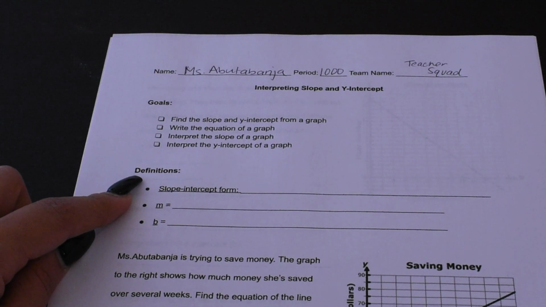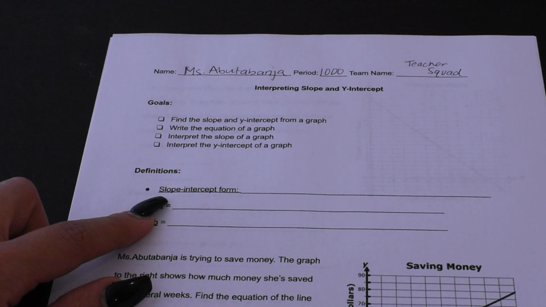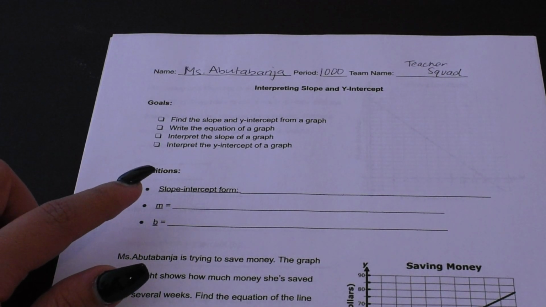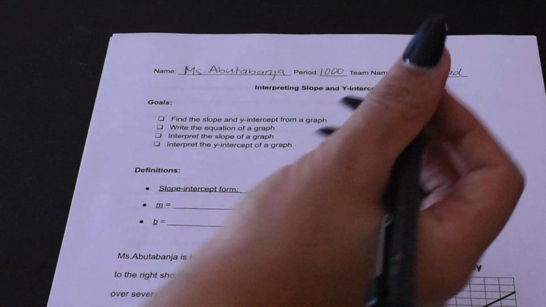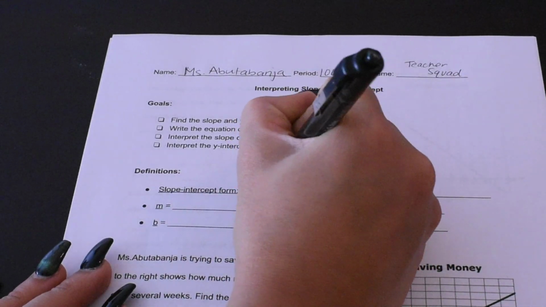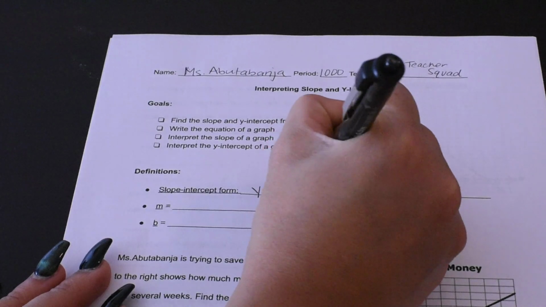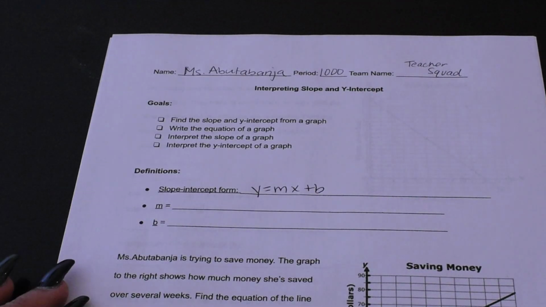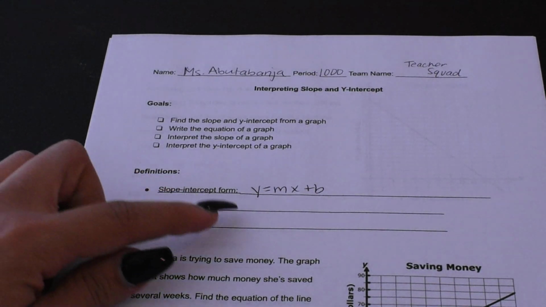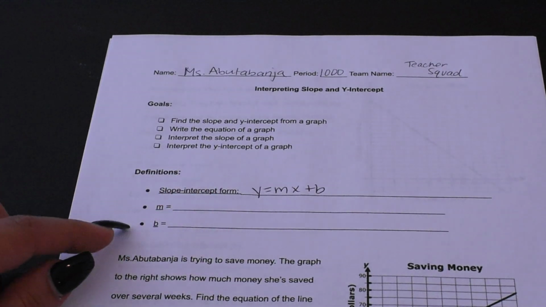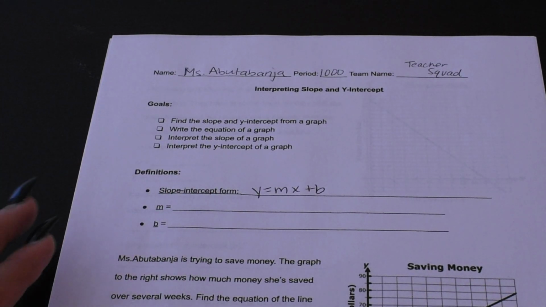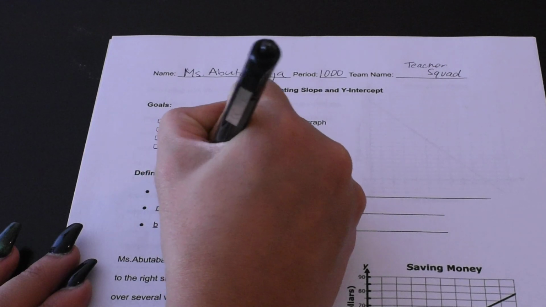So we have a couple definitions. First one is slope-intercept form. All that is that equation we've been looking at, y equals mx plus b. Make sure you write that on your paper. You're writing what I write. My m, y'all already know, is the slope.